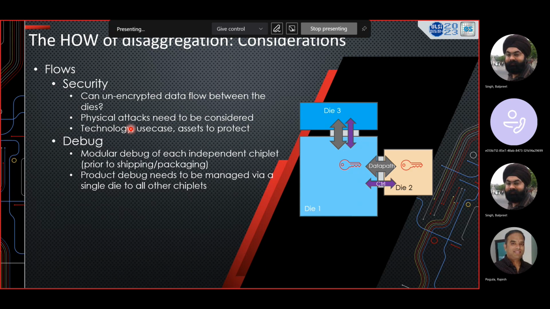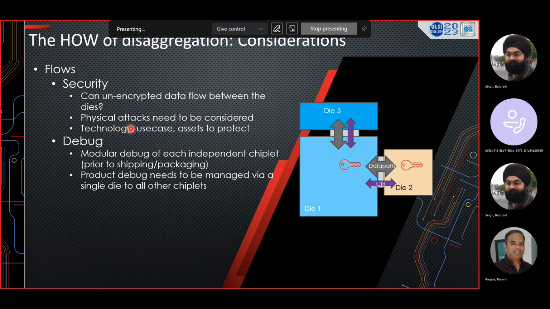Debug. Yes, again, I think Biswajit also talked a little bit about that. First of all, we have to think about debug in two ways, similar to how we talked about the boot topic, that there are two types of debug. One is once your product is already assembled, packaged, and shipped to the customer, and you get something back from your customer, some issue that you need to debug.